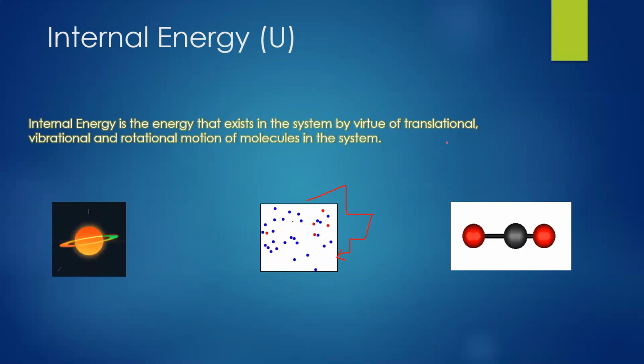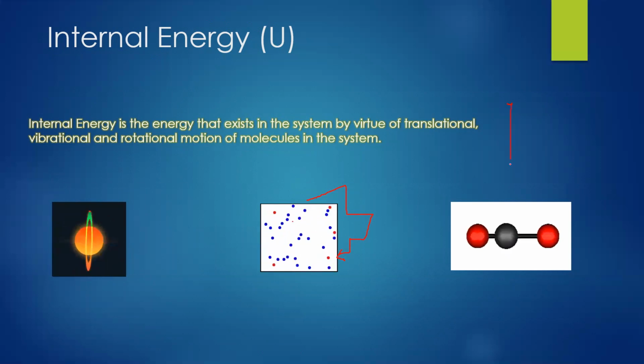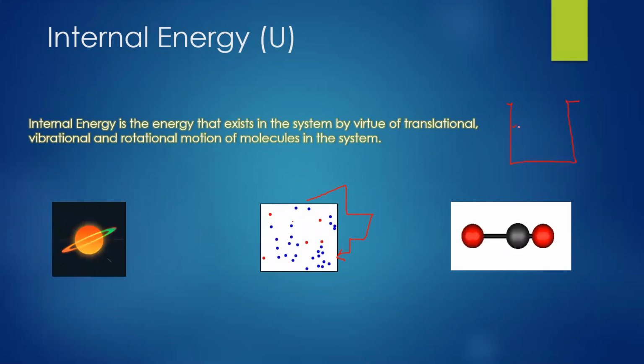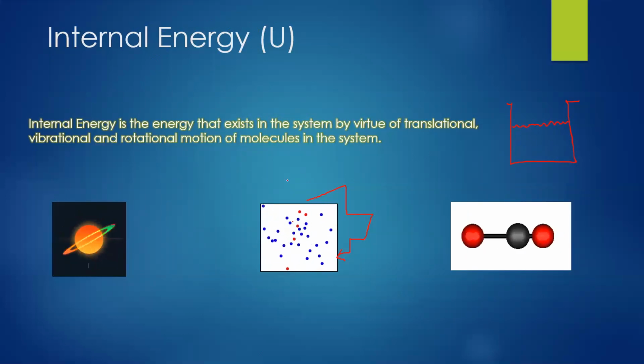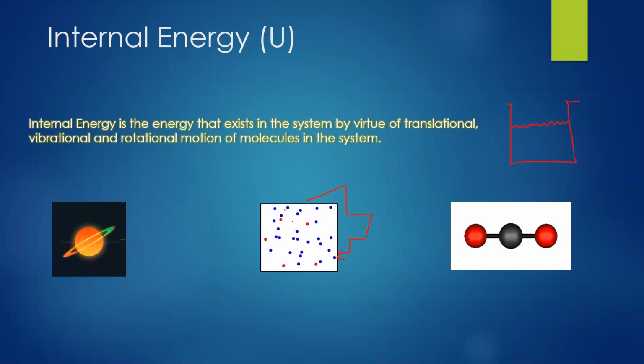We are talking about a system. Let's talk about a liquid, say. This liquid is totally still, but its molecules will keep on moving. These molecules will have translational, rotational or vibrational motion. Over here, you can see this is translational motion.